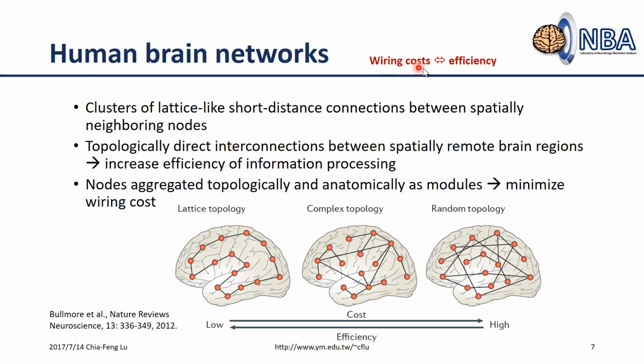So not only the wiring cost, sometimes we may ask what kind of connection can bring the highest efficiency for this kind of network. So please guess. Do you think this regular network may have a higher efficiency, or this one may have the higher efficiency? The answer is very obvious. The right-hand side, the random network, may have the highest efficiency.